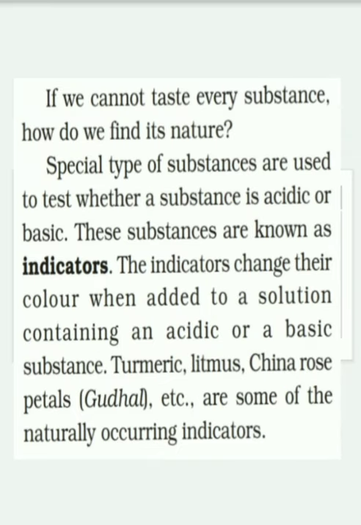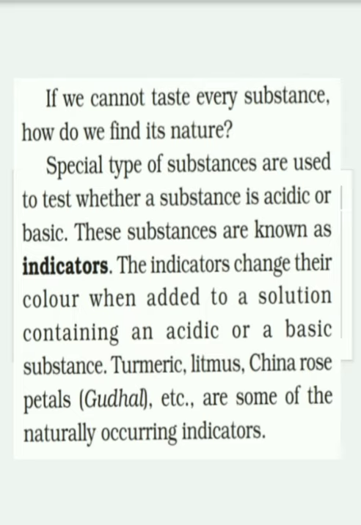If we cannot taste every substance, how do we find its nature? Special types of substances are used to test whether a substance is acidic or basic. These substances are known as indicators. The indicators change their color when added to a solution containing an acidic or basic substance.